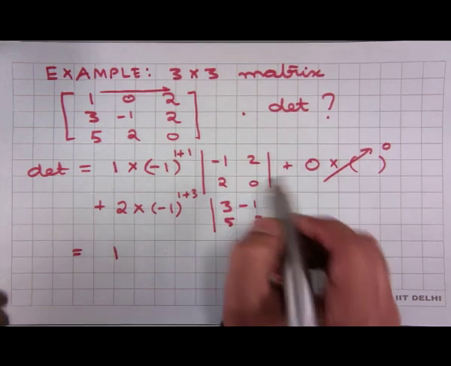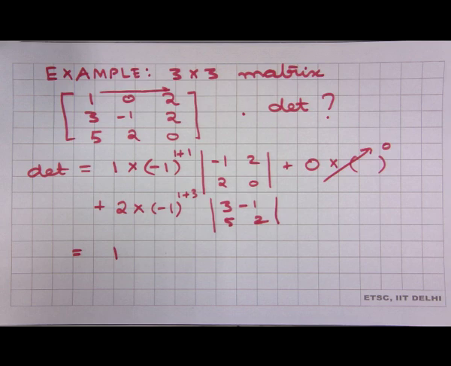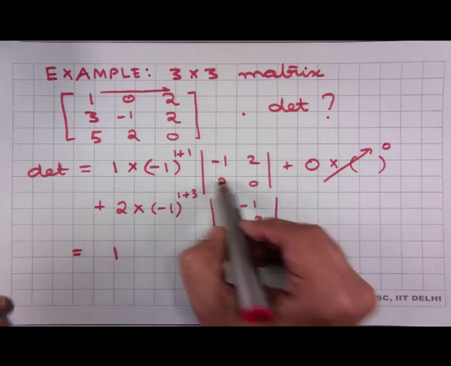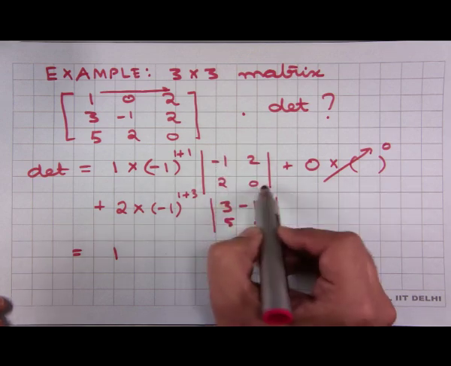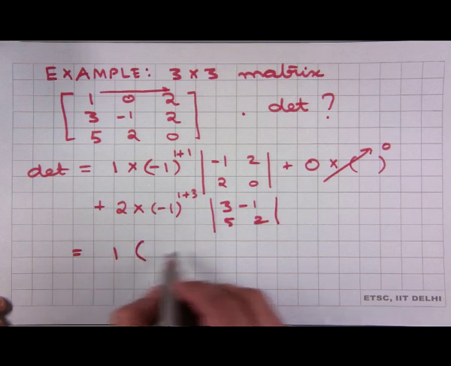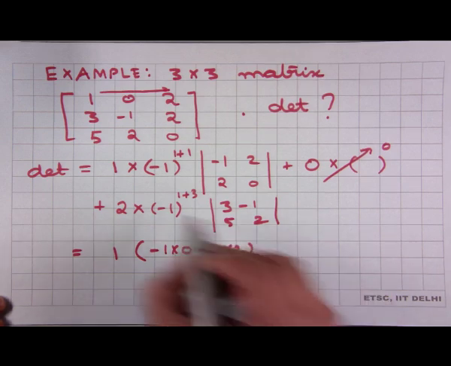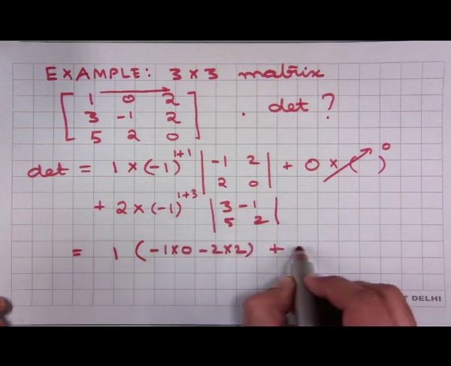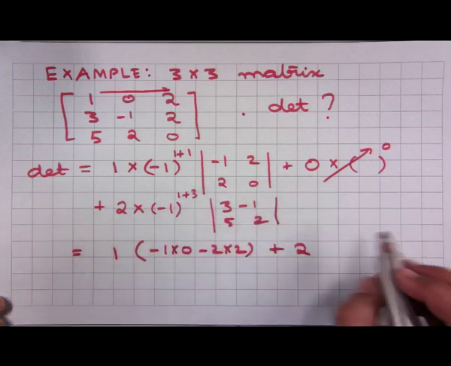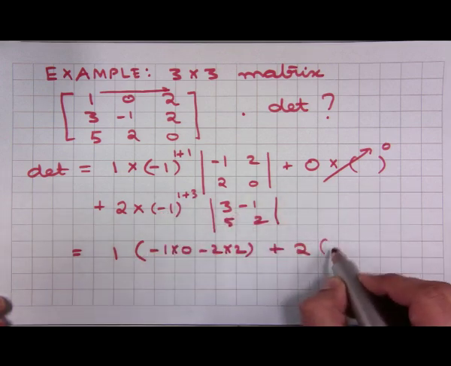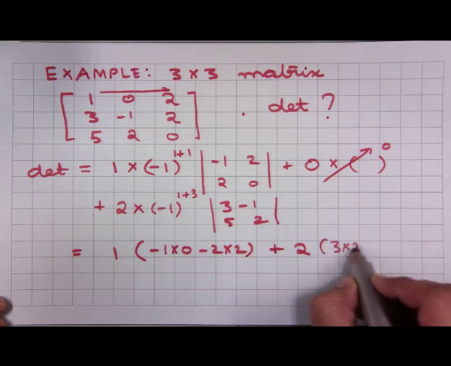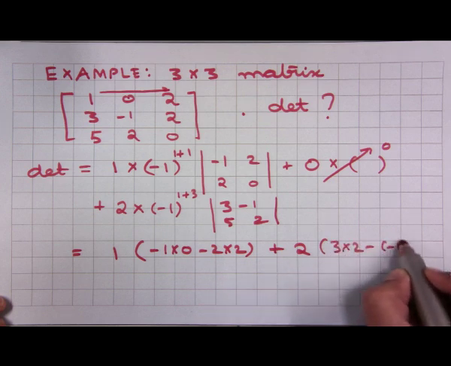Now, we know we have done these 2 by 2 determinant calculations many times. So, now we can just say okay, this is A, B, C, D. So, determinant of this is going to be AD minus BC. So, minus 1 into 0 minus 2 into 2 times here. So, plus 2 and minus 1 power 4 is 1, again 2 by 2 determinant. So, we say 3 into 2 minus 1 into 5.